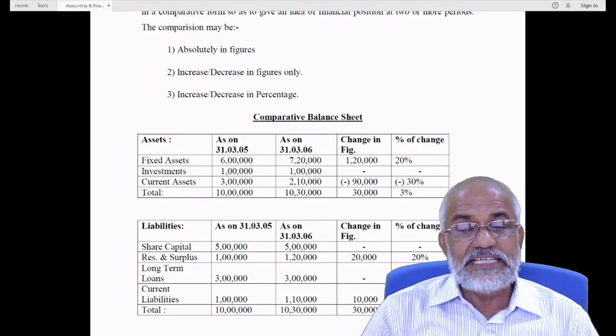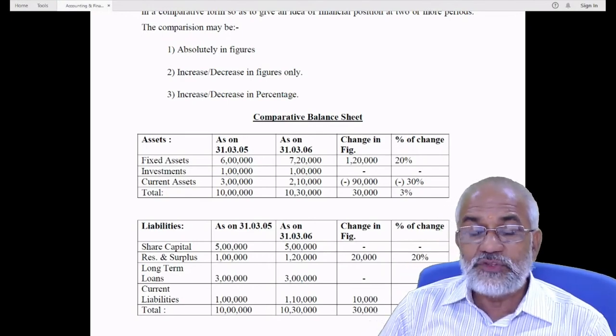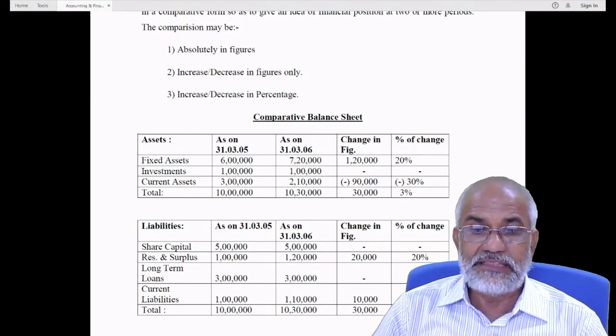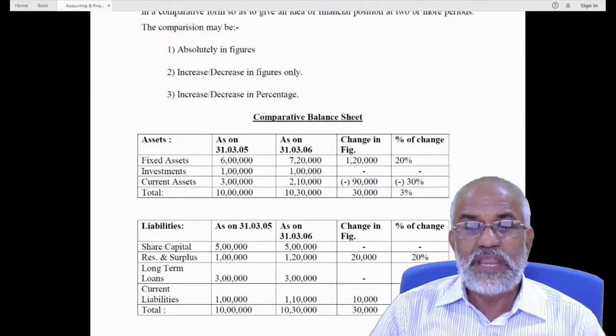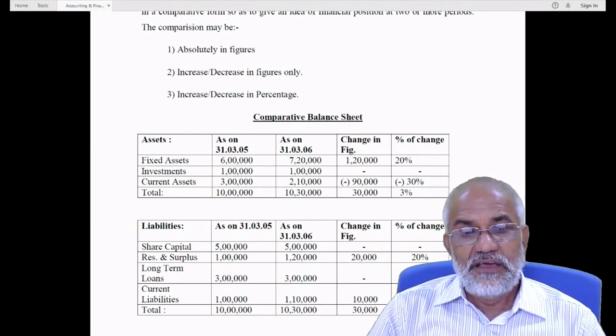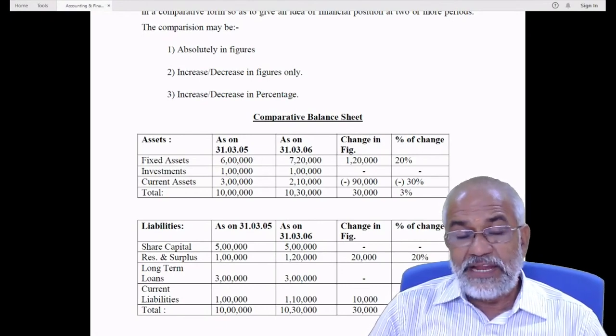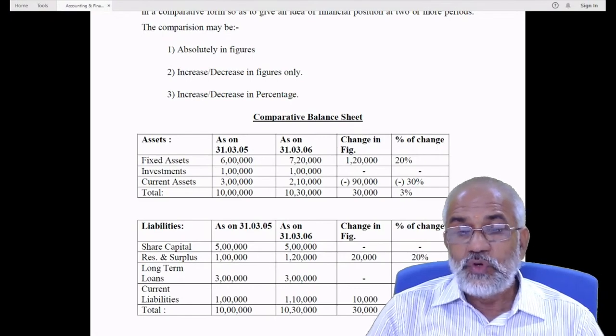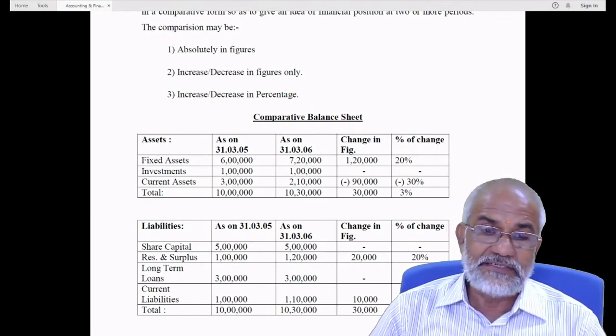And when this change in figure is represented through percentage, it is coming 30%, because this 90,000 reduction divided by 3 lakhs into 100, it is coming 30%.